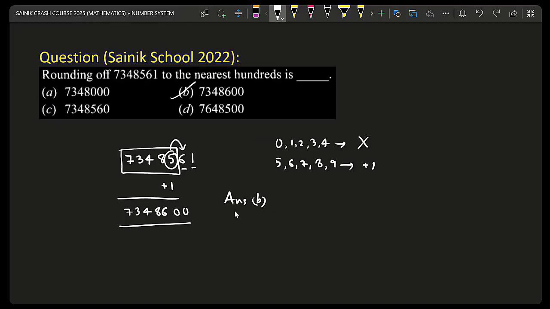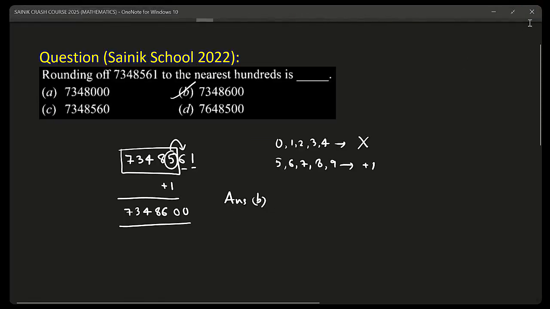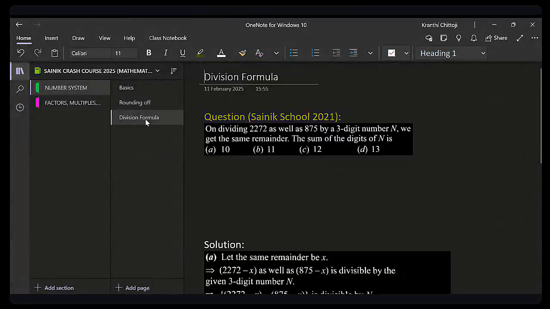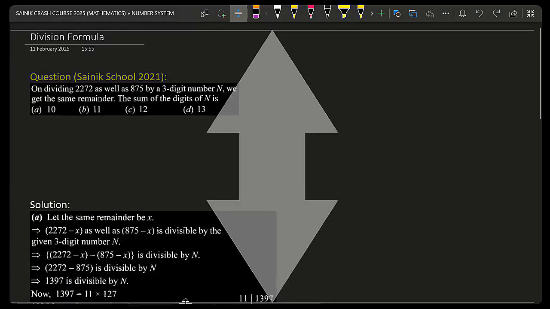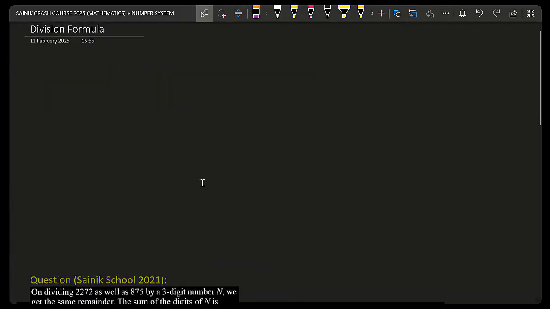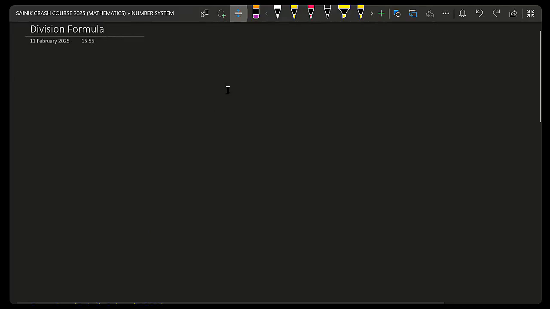Okay, now we are going to the next topic, division formula. What does it say? Let us do any division.